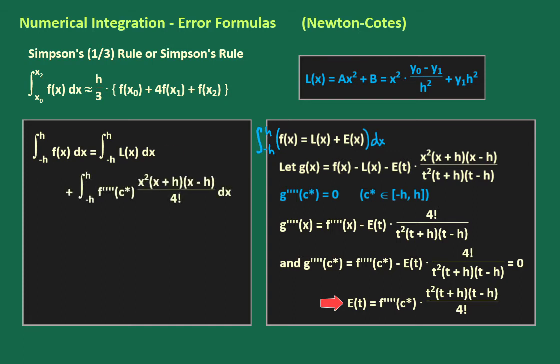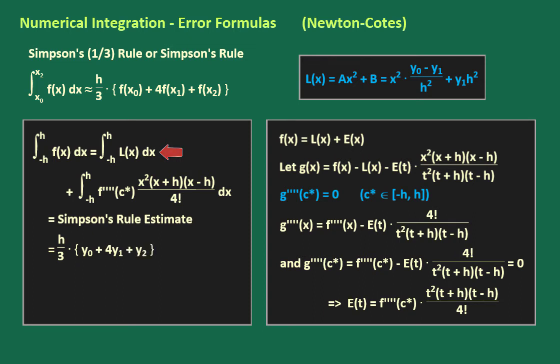We should also remember that the integral of the Lagrange polynomial L of x on the interval from x sub 0 to x sub 2 was the one that yielded the Simpson's rule estimate. So this must be equal to h over 3 times the quantity that starts off with the y value at the first x value, x sub 0, plus 4 times the y value at the middle x value, x sub 1. And finally, we have y sub 2, which is the y value at the x value, x sub 2.